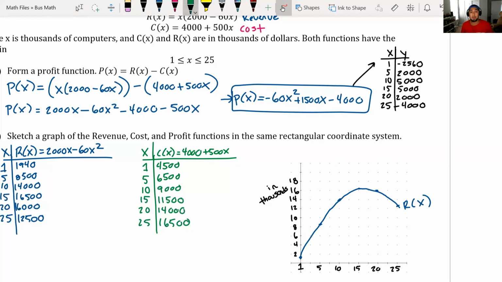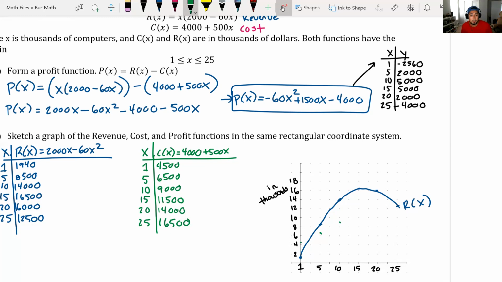And then green is cost. So 1 in 4,500, somewhere there. 5 in 6,500. Probably around there. 10 and 9,000.